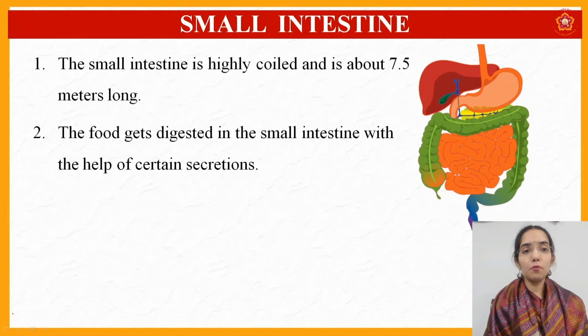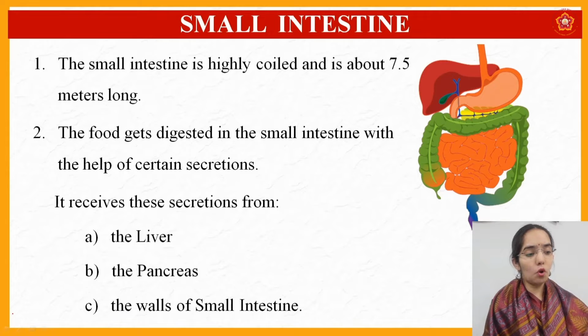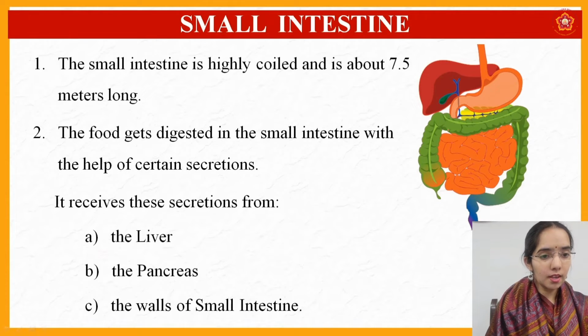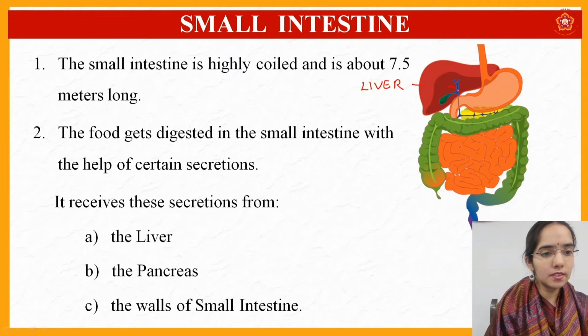Now let's see from where these secretions come. It receives these secretions from the liver, the pancreas, and the wall of the small intestine. Over here you can see this is the liver. The small intestine will receive its secretions from the liver.